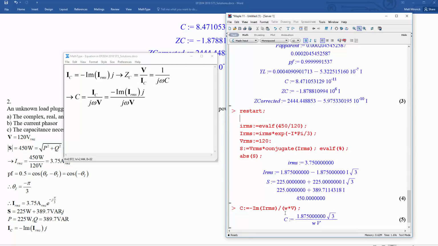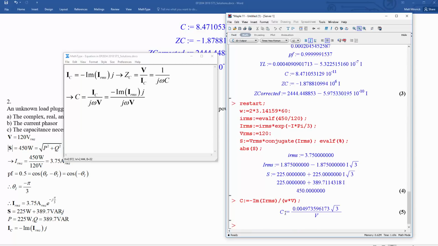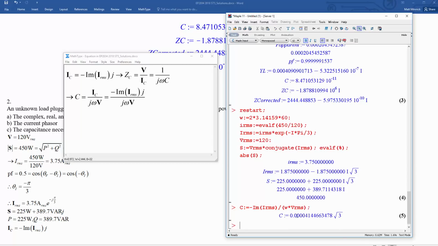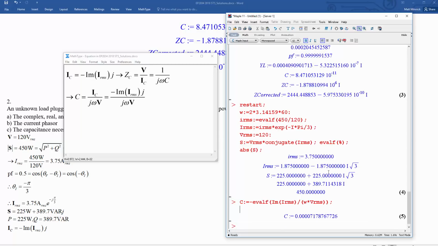Oh, we didn't put in the frequency yet. Omega is equal to 2 times 3.14159 times 60. And by V here, we really mean the RMS voltage phasor. And we can get rid of the root 3. Okay, as a check, we can see whether this capacitance actually works by working in the other direction.